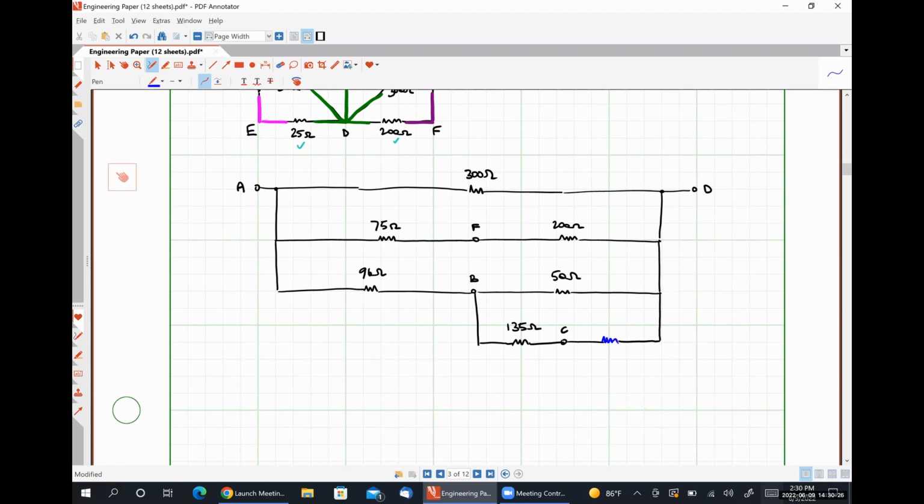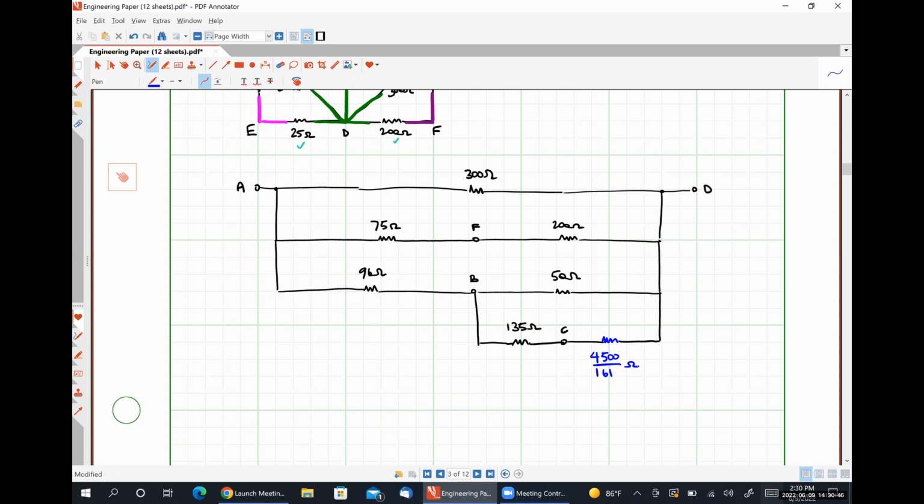And when I make that combination, I'm left with 4,500 over 161 ohms. I can see that this 4,500 over 161 ohm resistor is in series with a 135 ohm resistor.